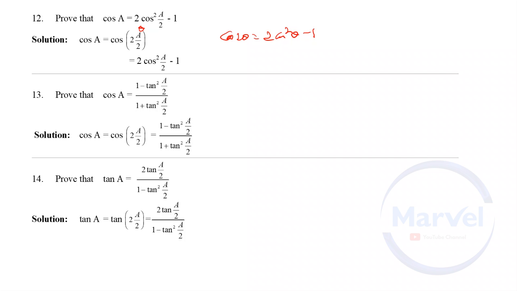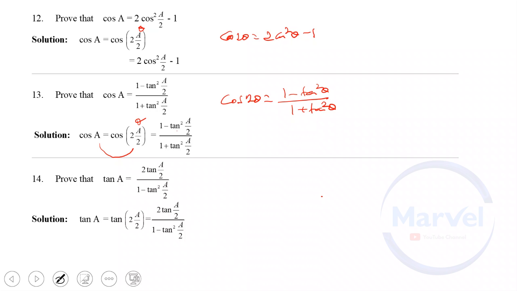Next, cos 2 theta in terms of tan theta: 1 minus tan square theta by 1 plus tan square theta. So a can be written as twice of a by 2 and apply this formula. Here theta is a by 2: 1 minus tan square a by 2 by 1 plus tan square a by 2.